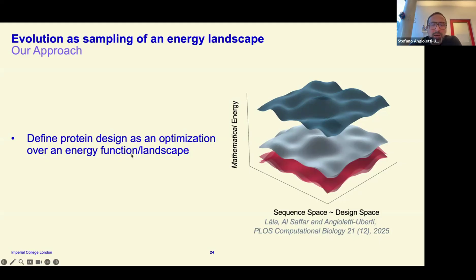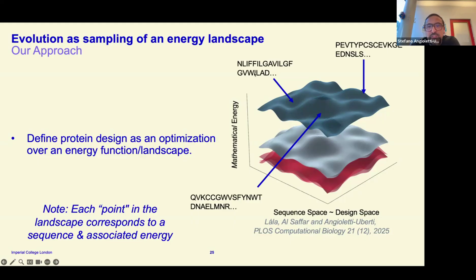By deciding the energy terms that end up in our optimization problem, and because the energy terms depend on the sequence, we will have an energy landscape, where each point in this two-dimensional representation actually corresponds to a different sequence of amino acids. So it would correspond to a different protein. It will also have a different energy.